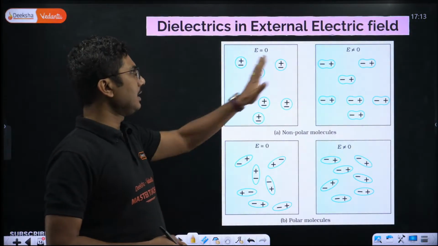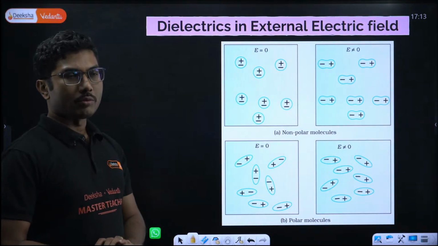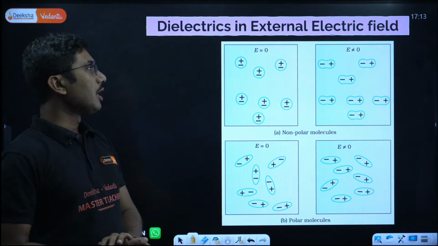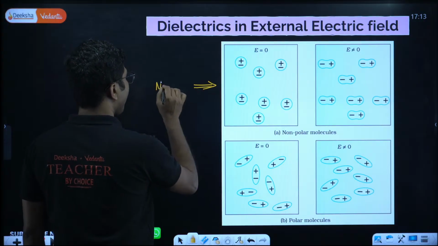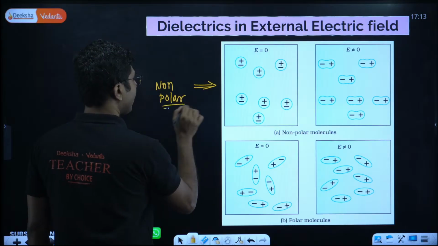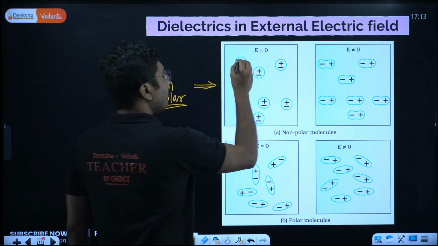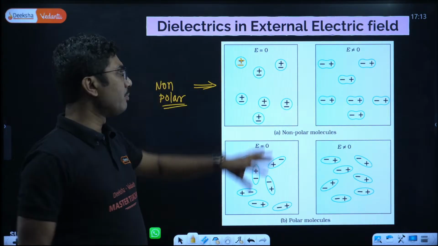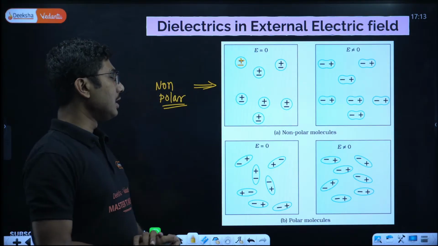So basically it is the picture of how polar and non-polar molecules behave in the presence of an external electric field. If you consider the non-polar ones, this is non-polar. What happens to the non-polar atoms? Non-polar atoms have a positively charged center and negatively charged electrons, and their centers coincide, so that means they have 0 dipole moment.